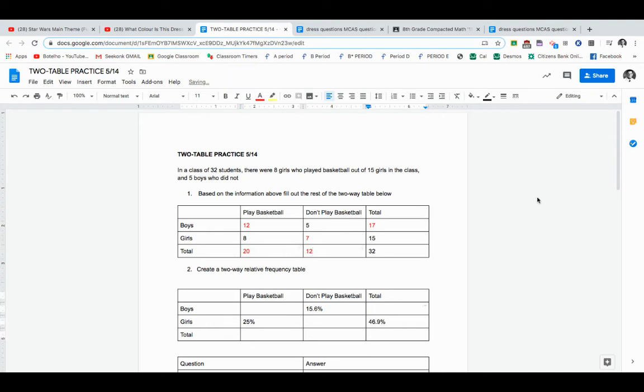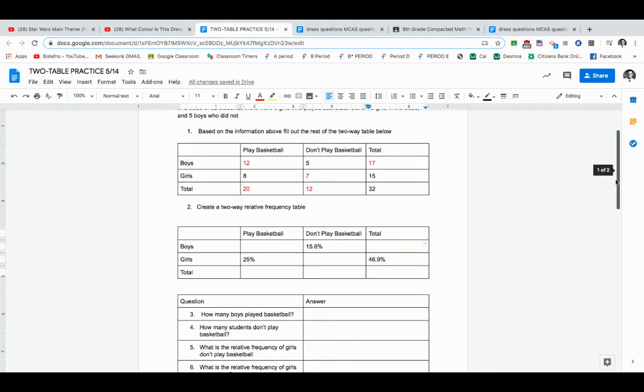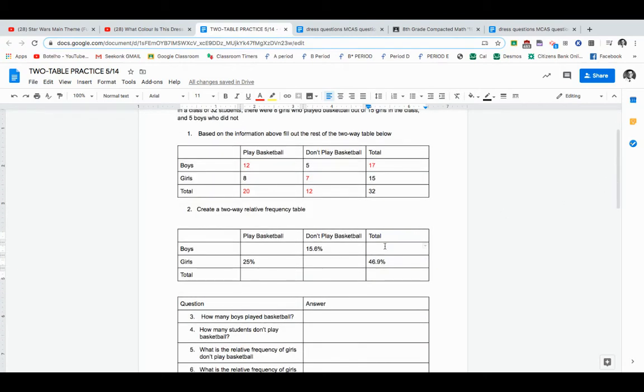We talked about relative frequency and how we change that into a percent, and we're always dividing by 32. If I wanted to change the boys' total responses to this survey about playing basketball and not playing basketball, I would write 17 divided by what? 32.